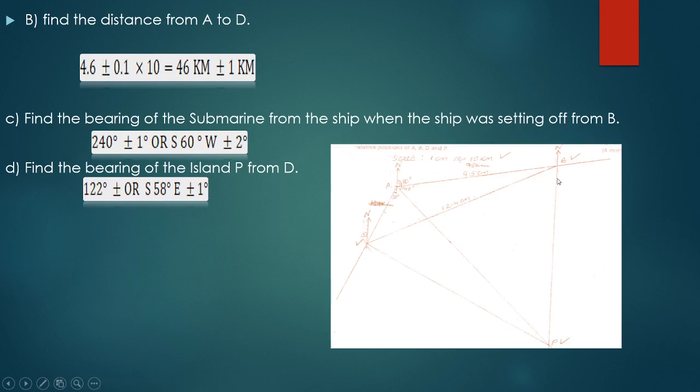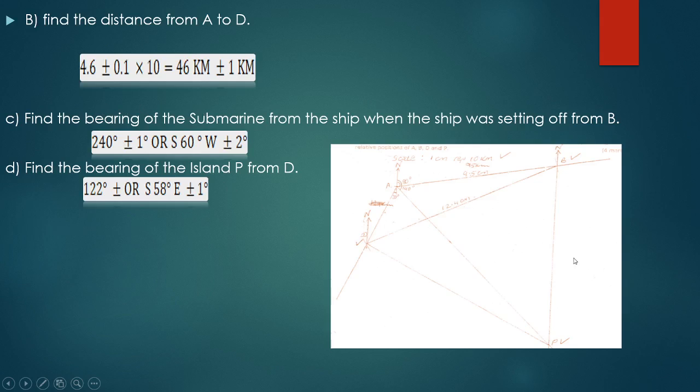What we do is measure this angle clockwise from here. Your protractor will be here, you measure from the vertical, reading clockwise, and you find it is 60 degrees. So 60 degrees plus 180 degrees gives you 240 degrees, which is the true bearing.